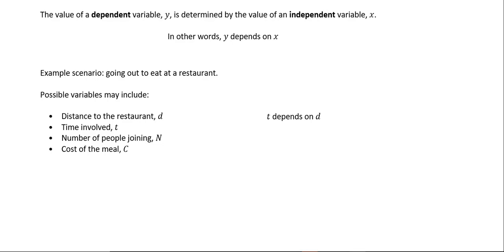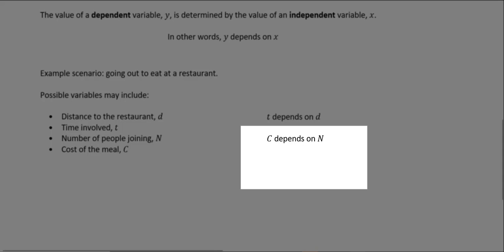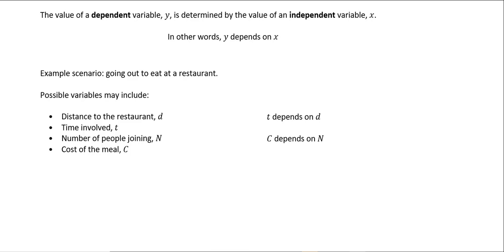So if there's only one person going to this restaurant, the cost of the meal, let's say, is $10. But if 4 people join, then the cost of the meal could perhaps go up to $40. So C depends on N.